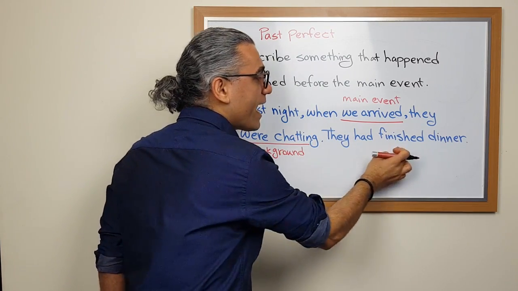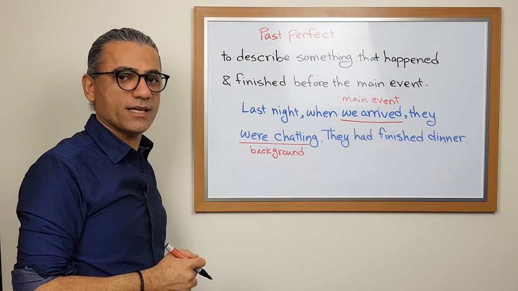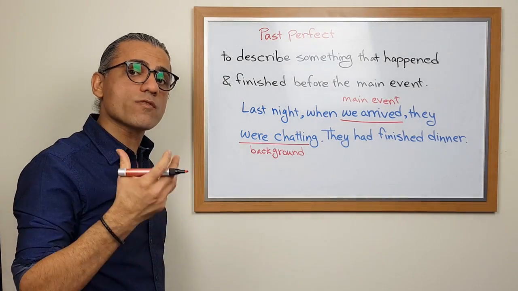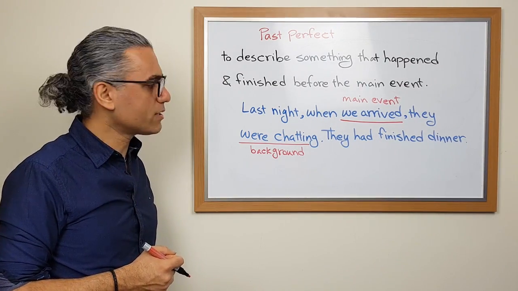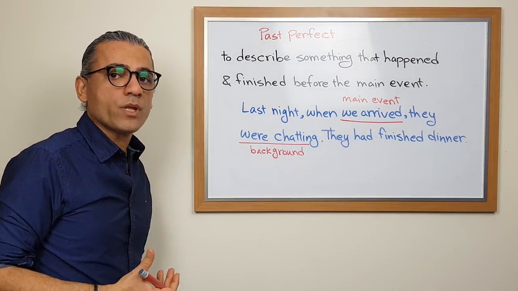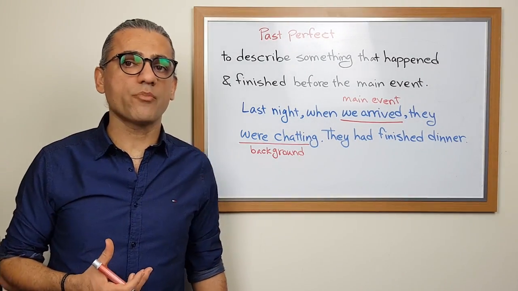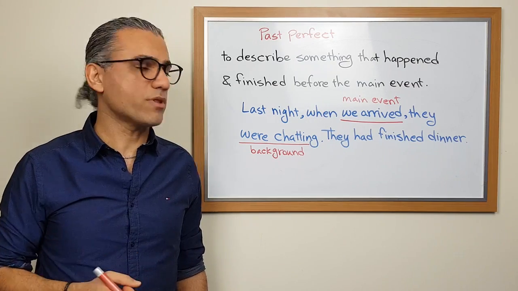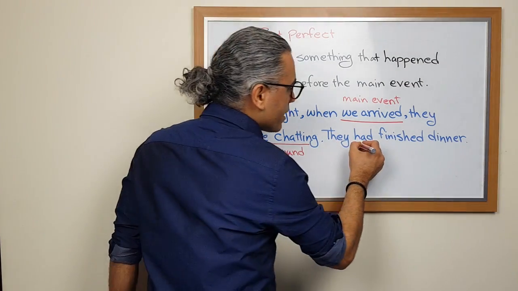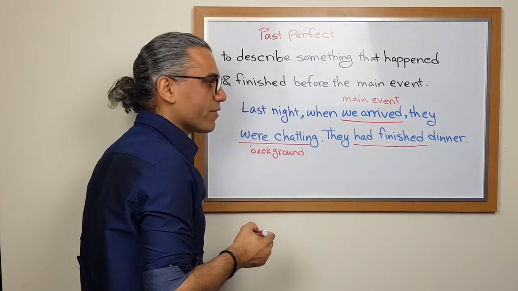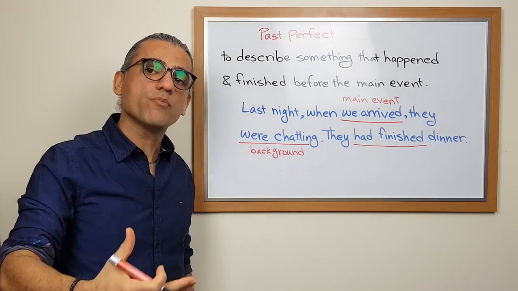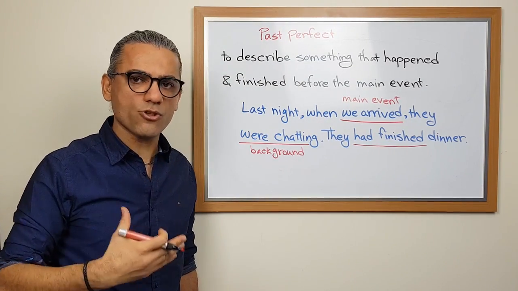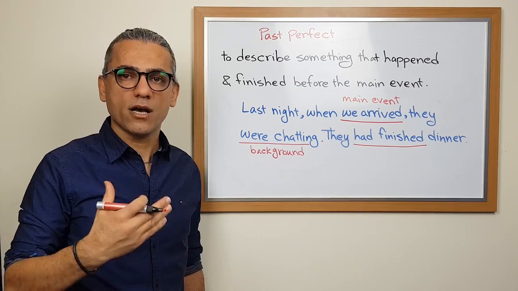And they had finished dinner. I hope you are familiar with the structure of past perfect, because this lesson is designed for intermediate and upper intermediate students. So I assume that you are already familiar with this structure. Had finished, this is in past perfect. It means it happened and finished before the main event of your story.